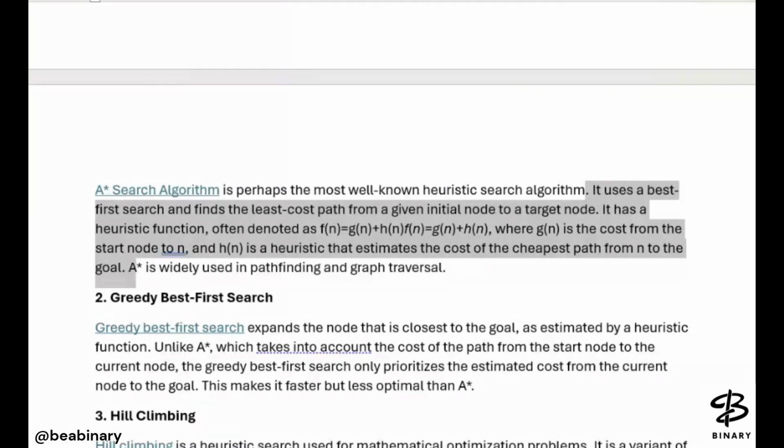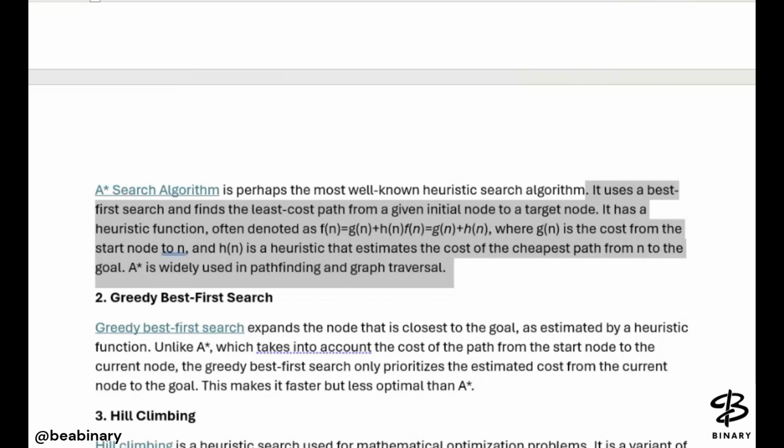A asterisk is widely used in path finding and graph traversal. When we need to find a path from one state to another, from an initial state to a goal state, a particular best possible path with a low cost, we will use the A asterisk search algorithm.